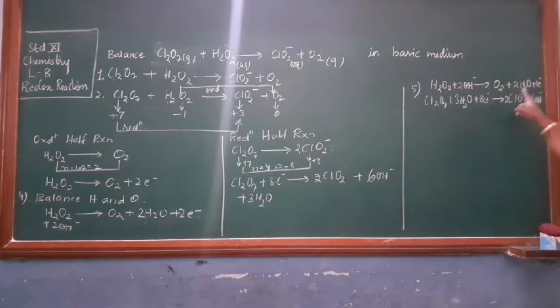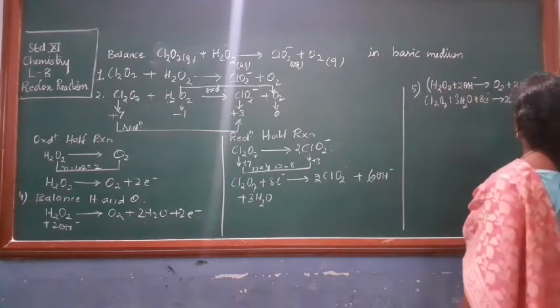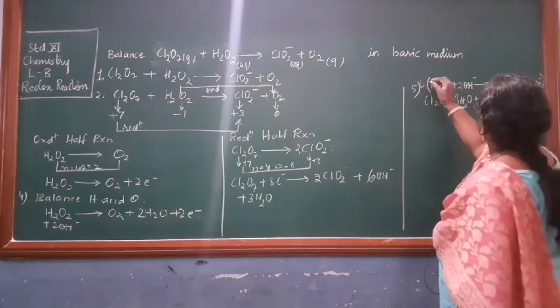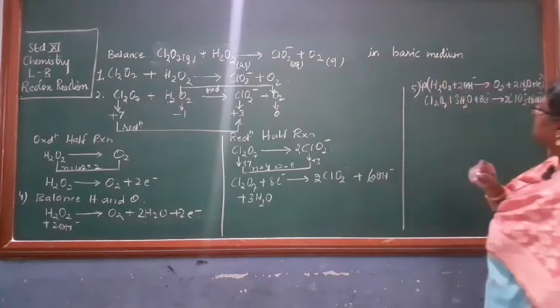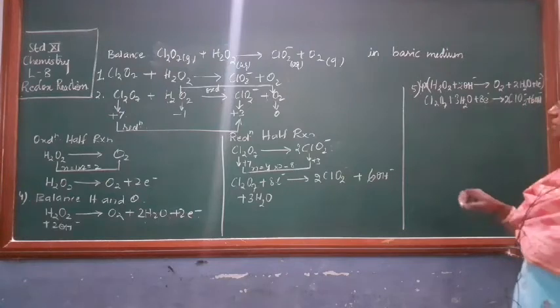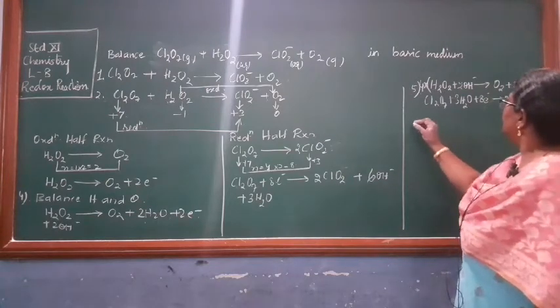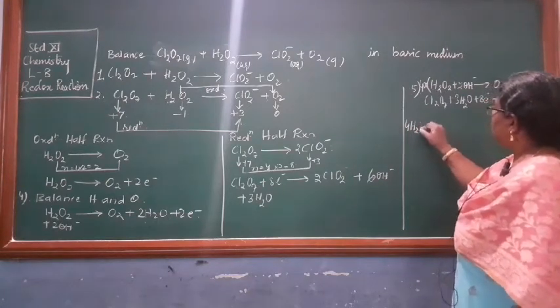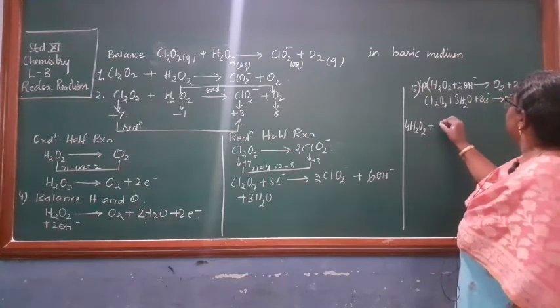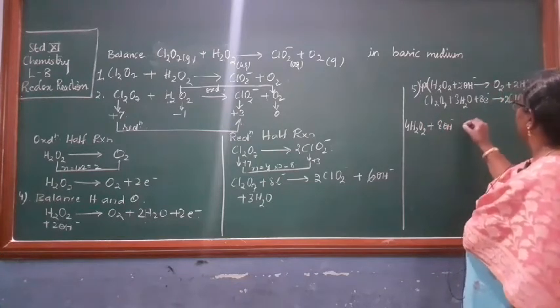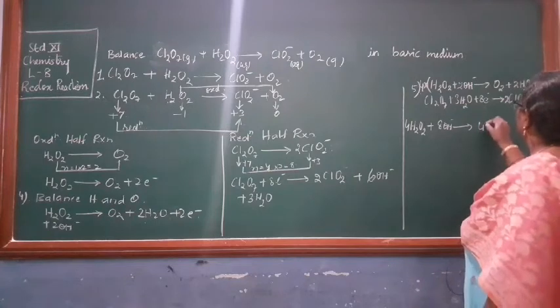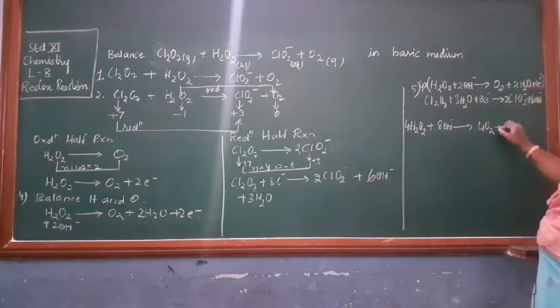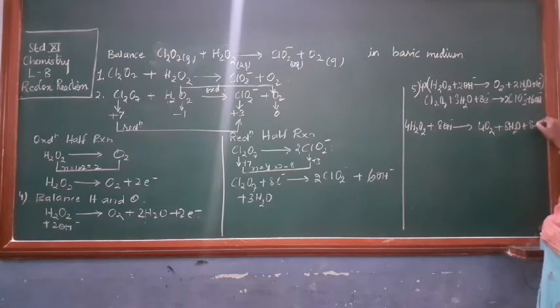अब देखो यहाँ पे 8 इलेक्ट्रॉन है, यहाँ पे 2 ही इलेक्ट्रॉन है. So you should multiply this whole equation with 4 so that you get the number of electrons for oxidation and reduction equal. So I have 4 H2O2 plus 8 OH minus giving 4 O2 plus 8 H2O plus 8 electrons.